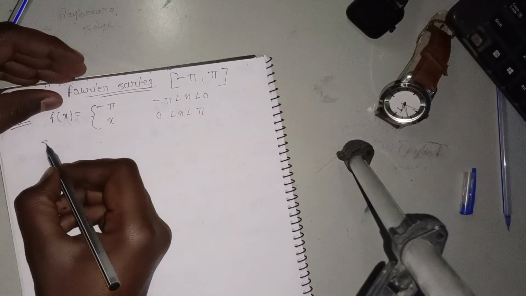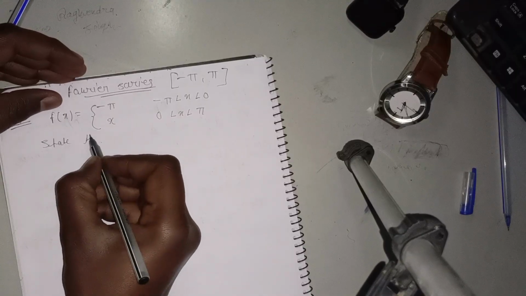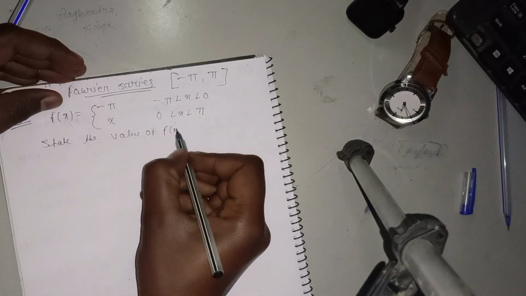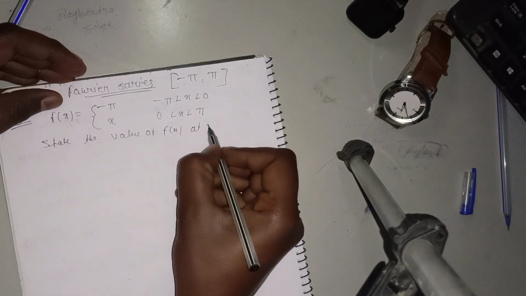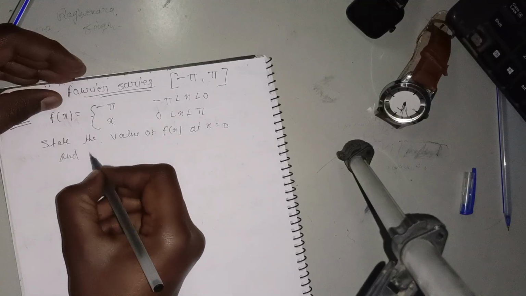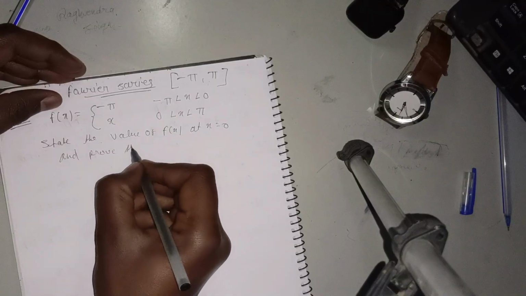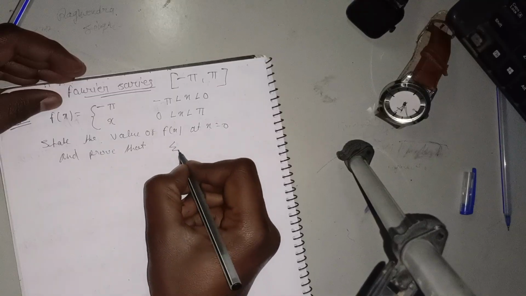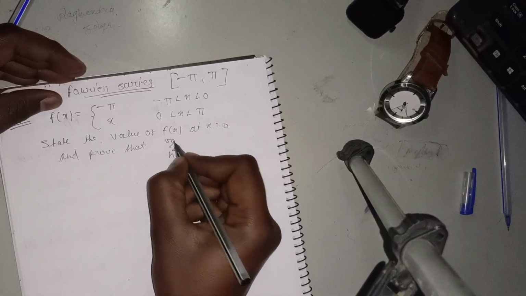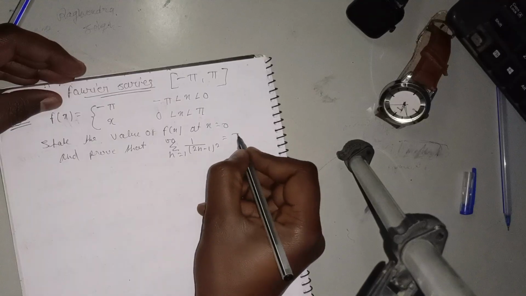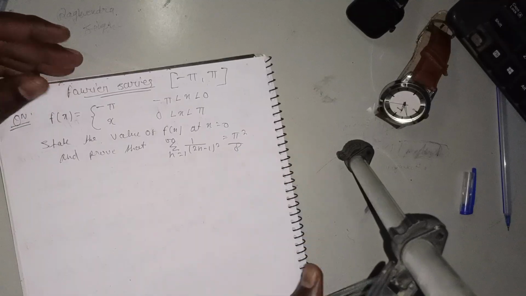State the value of f(x) at x is equal to 0, and prove that the summation of n is equal to 1 to infinity of 1 upon (2n minus 1) square is equal to pi square upon 8. Okay, yeah.